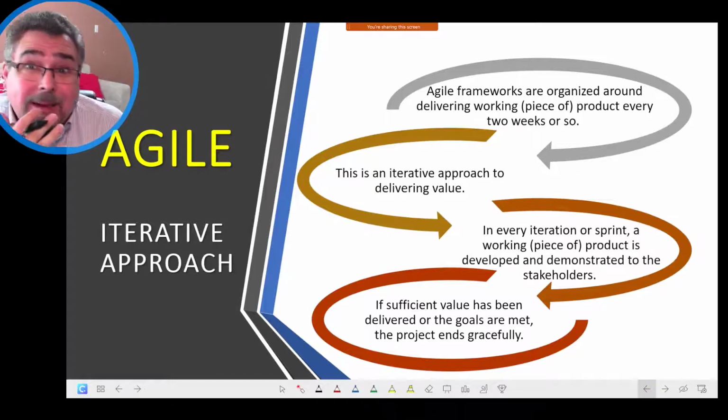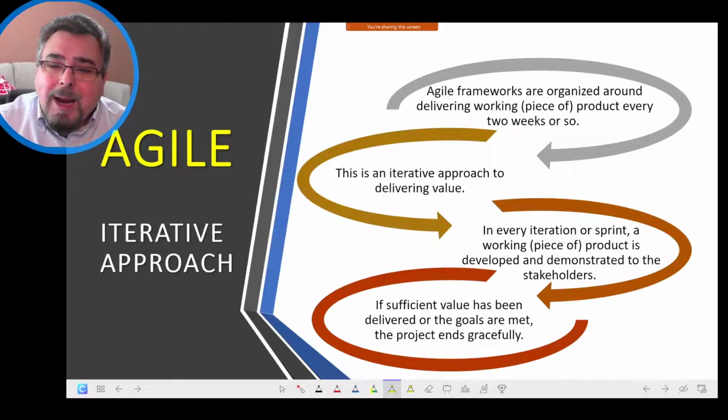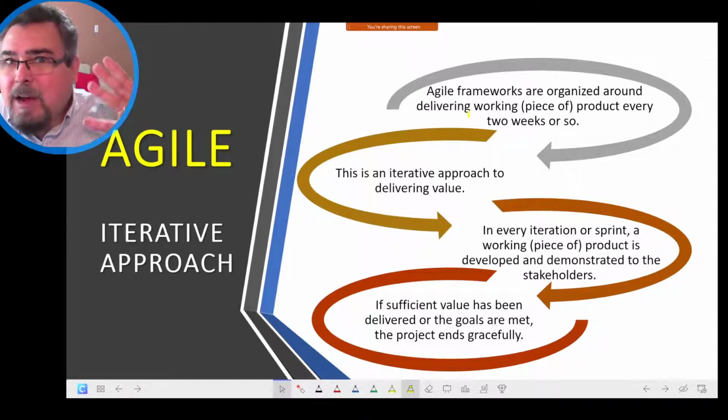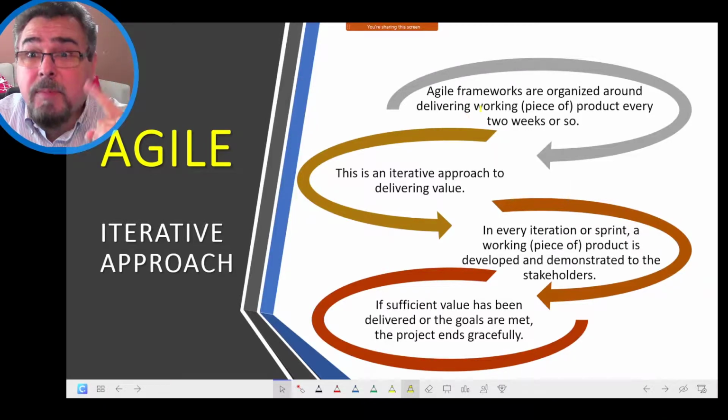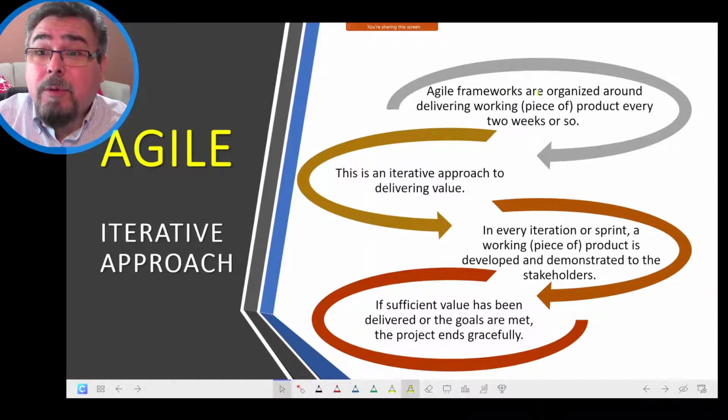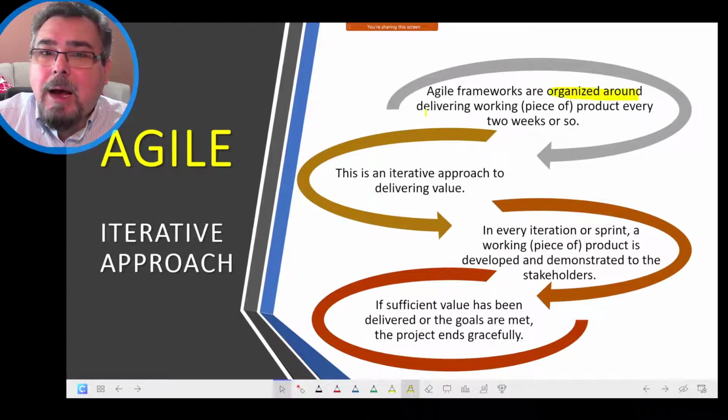Okay, so that is agile project management and the comparison with the linear project management approach. So what is agile? There are several frameworks, some methodologies. In this class I'll be discussing just one of them, called Scrum. So in the agile framework, the project is organized around delivering a working product.